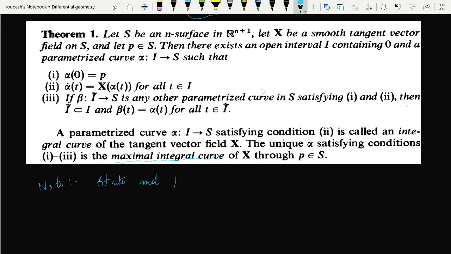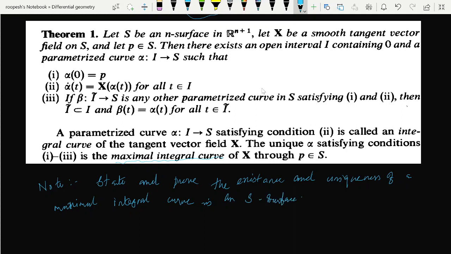State and prove the existence and uniqueness of a maximal integral curve in an n-surface.